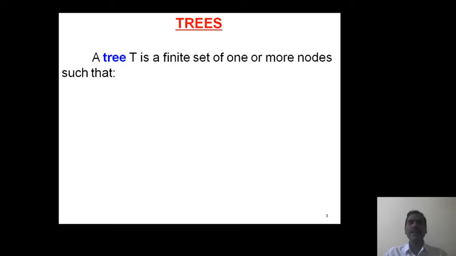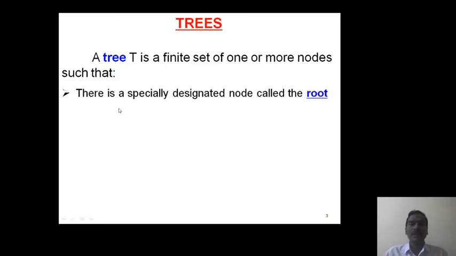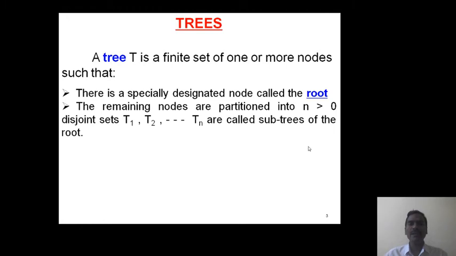Here a tree is a set of one or more nodes such that it satisfies some properties. In tree format, there is a specially designated node which is treated as the root node, and the remaining nodes are partitioned into n disjoint sets like T1, T2 and so on up to Tn, which are called subtrees of the root node.